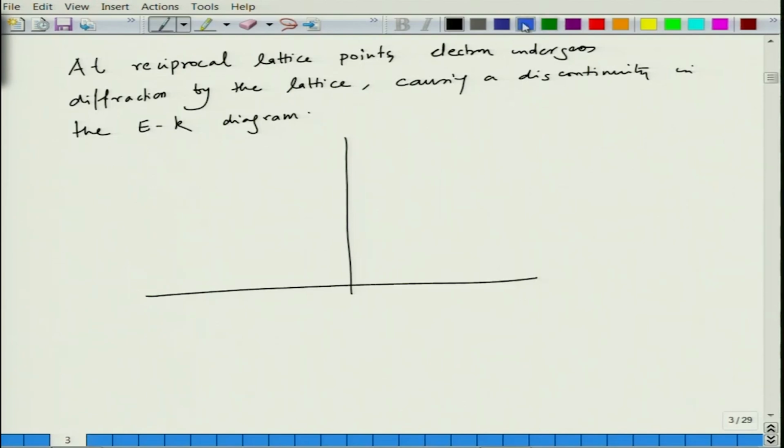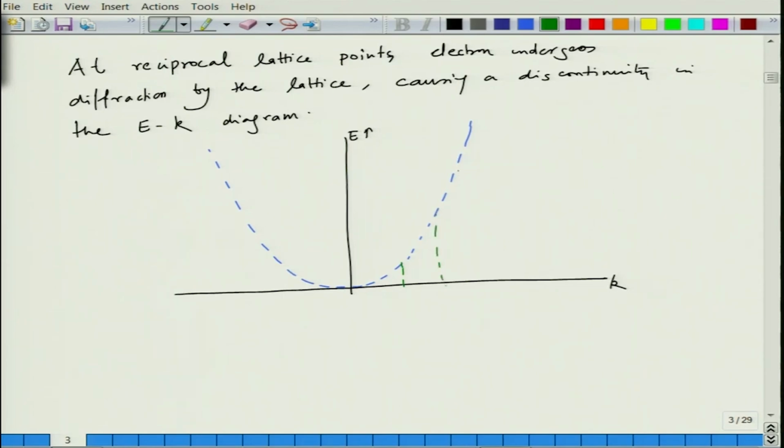So, you were initially having a plot like this. Let me just remove this line maybe. Okay, so this is E, this is k, and at the reciprocal lattice points you will have a diffraction.